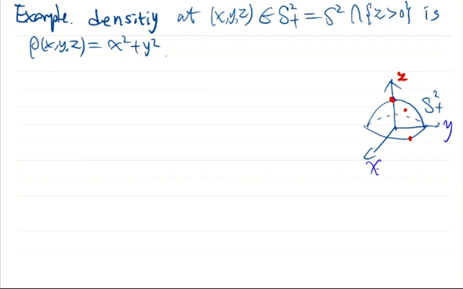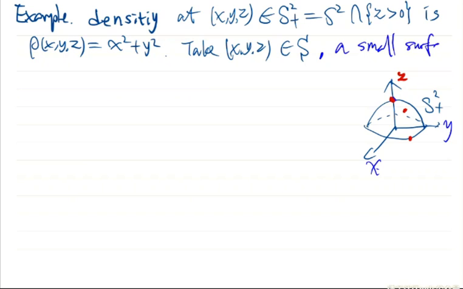Okay, so we use a similar idea. Take a point (x, y, z) in S. For example, the point is here. Then we take a small surface element, that is a small piece of surface, d sigma.